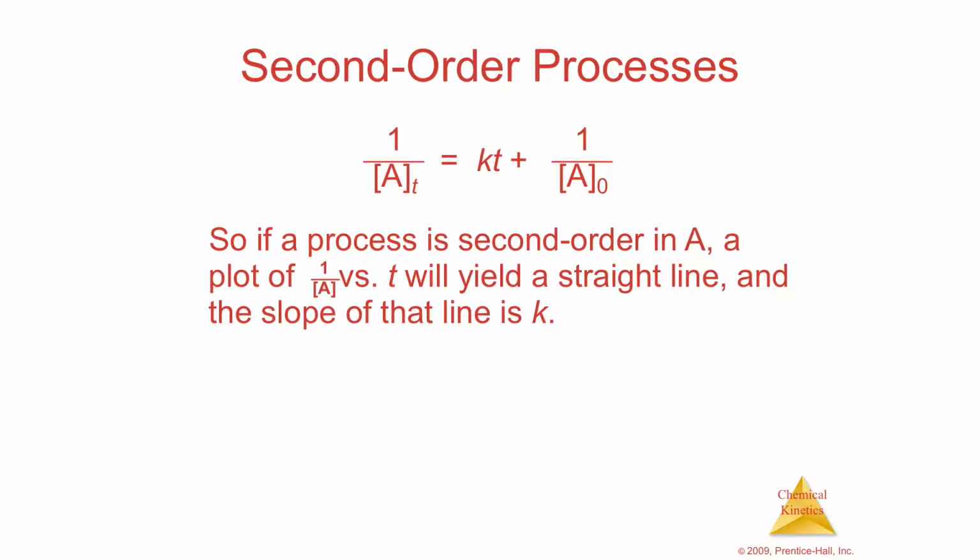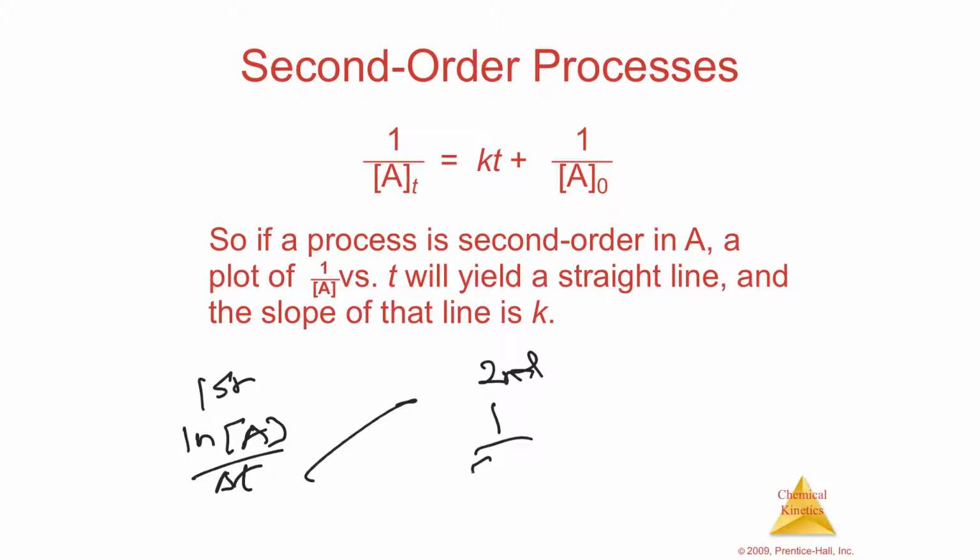So we saw that if it was first order, then graphing the natural log of the concentration over time is going to give you a straight line. If it's second order, meaning that it's going to actually go to the x squared, then graphing 1 over the concentration over time is also going to give you a straight line.